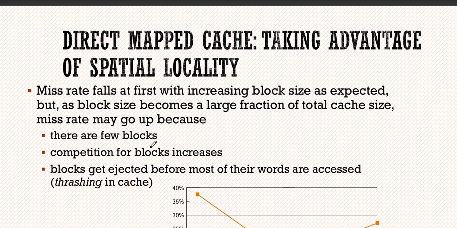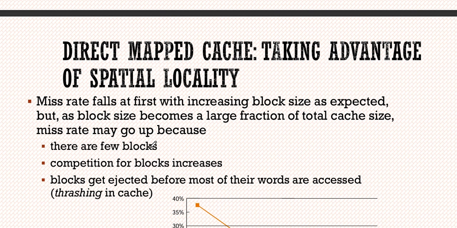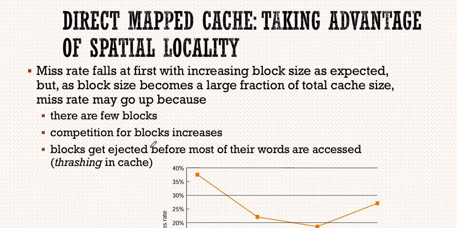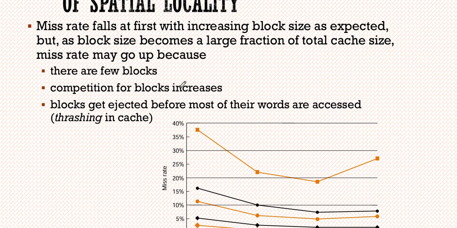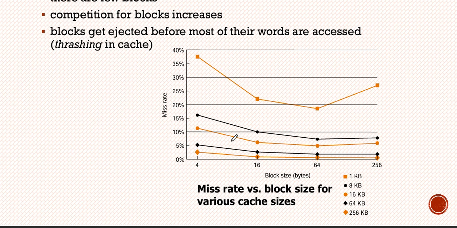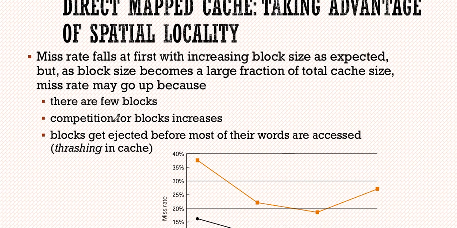Direct map cache. So we have seen one thing: if you take advantage of spatial locality, that's the possibility that the memory locations you access are close to each other. Realize that when we do this, there is some statistics on it. The miss rate, the rate at which we miss, falls with increasing block size as expected.